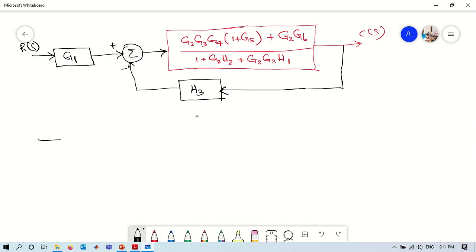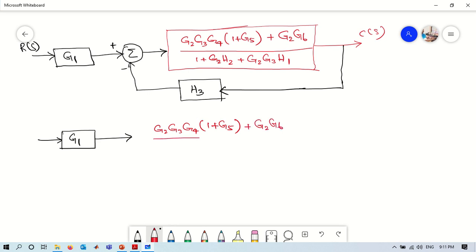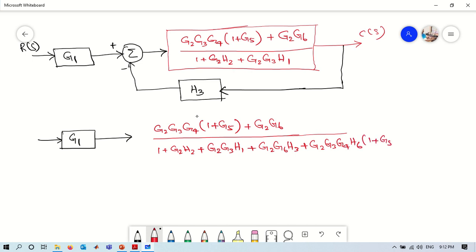I have G1, and then this simplification: G2 G3 G4 into 1 plus G5 plus G2 G6 divided by 1 plus G2 H2 plus G2 G3 H1 plus G2 G6 H3 plus G2 G3 G4 H6 into 1 plus G5, right?